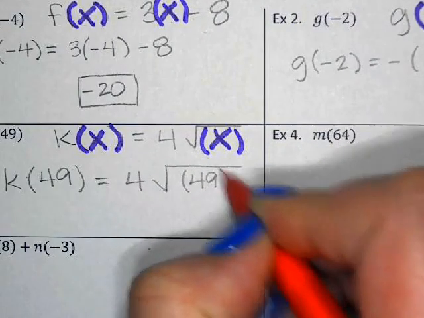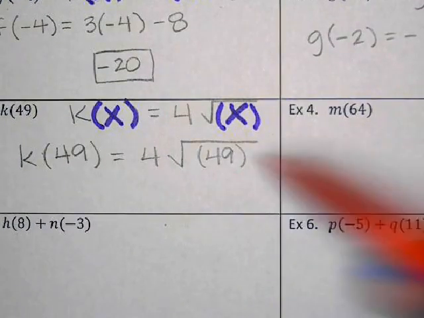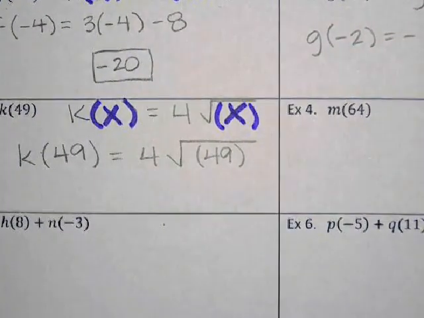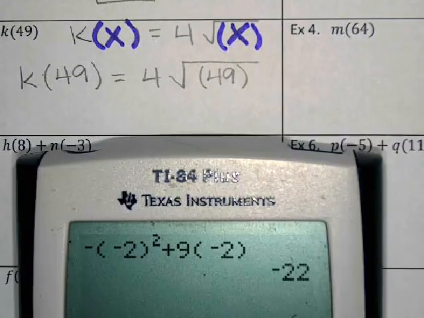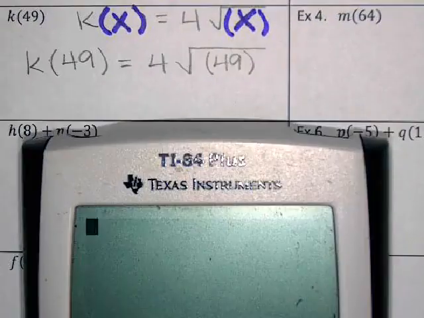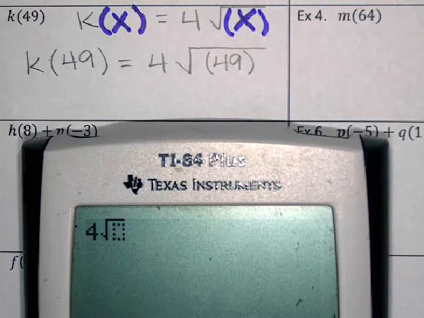So here, technically, you don't really need parentheses around the 49 when you plug it in the calculator. Every other problem we've done so far needed the parentheses. This one doesn't. But your calculator can handle those parentheses just fine. It's not going to give you the wrong answer with the parentheses there. So I'm going to still do it with the parentheses anyway.